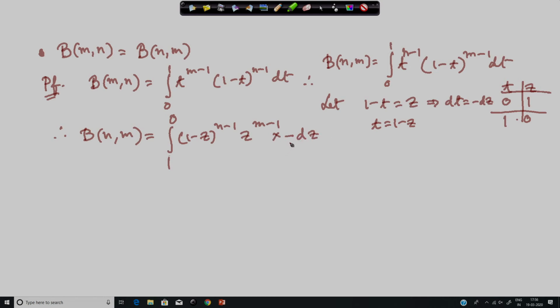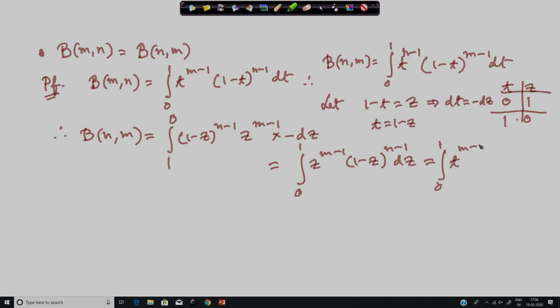Due to this minus sign, we can change the limits, so the limits are now 0 to 1, z to the power m minus 1 times (1 minus z) to the power n minus 1 dz. Z is a dummy variable, so in place of z you can write any alphabet.